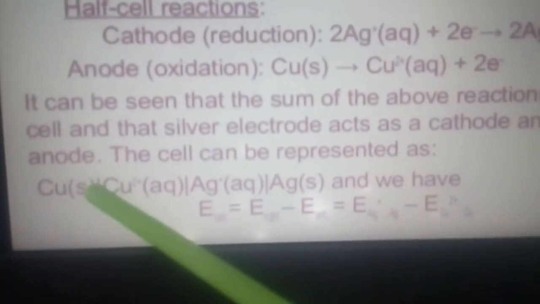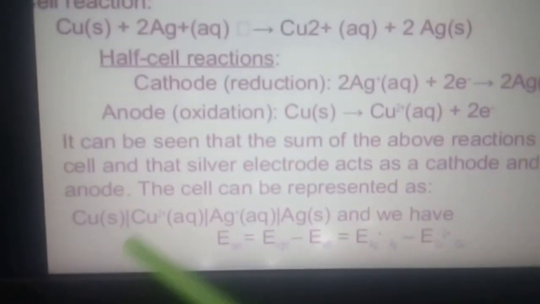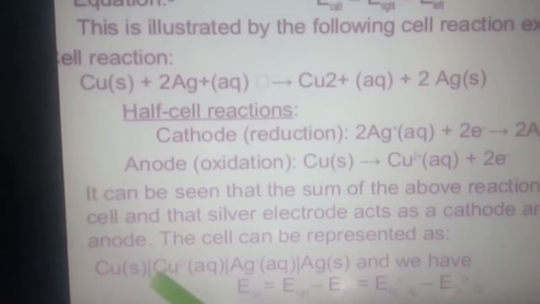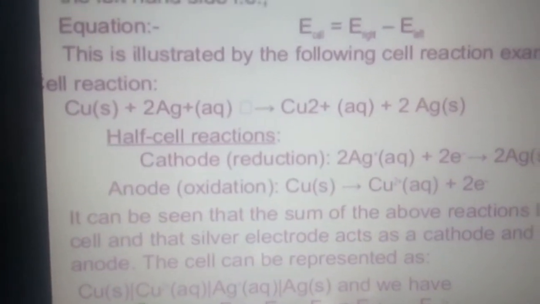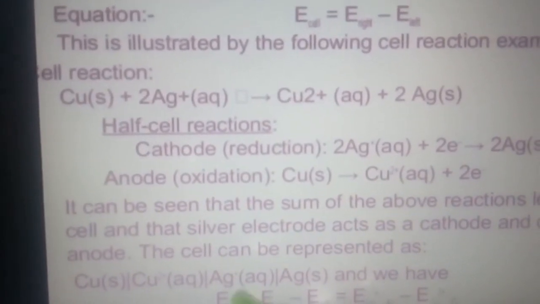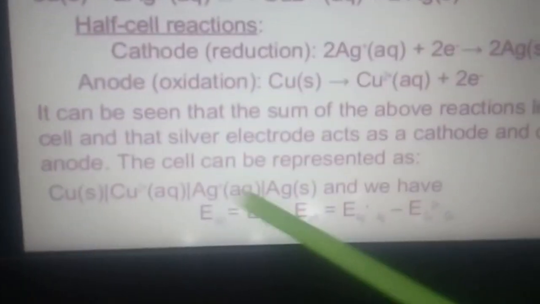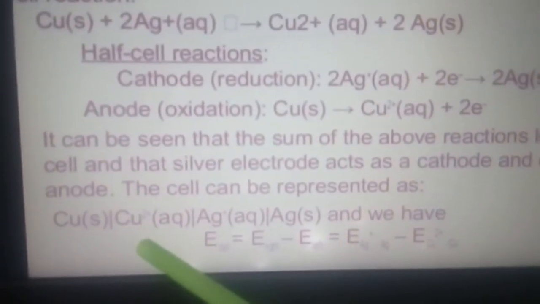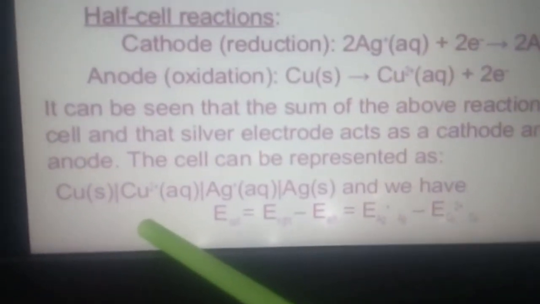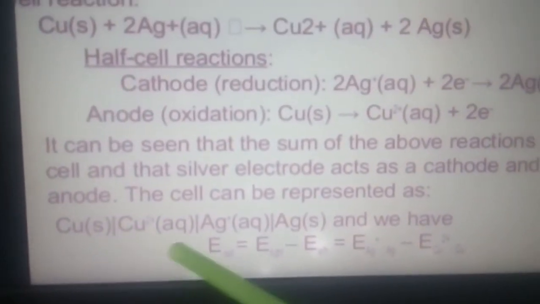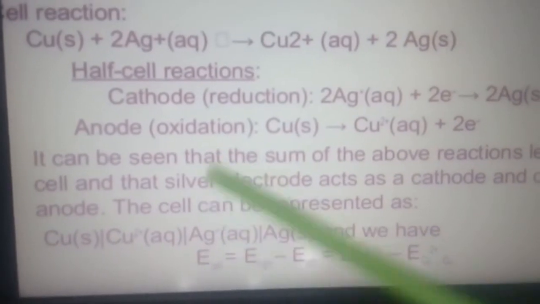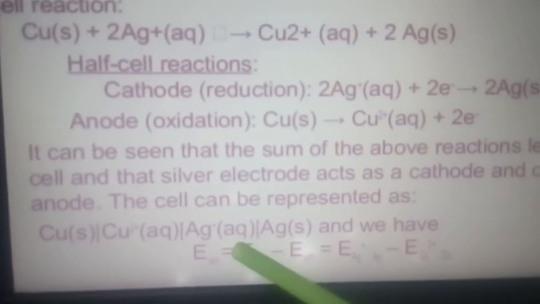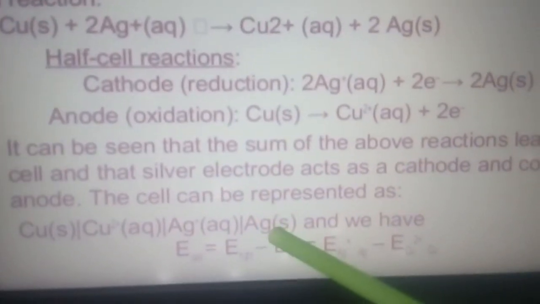You see here how the cell is represented: we always keep the anode on the left hand side and the cathode on the right hand side. Copper, oxidized to Cu2+, is the anode, so it is kept on the left, separated by a double vertical line, and then the cathode, where silver ion is reduced to silver.